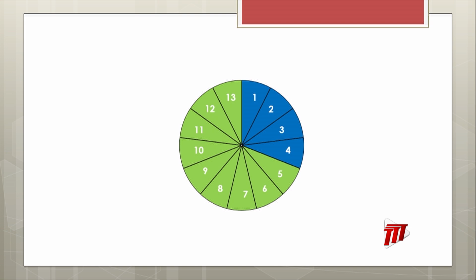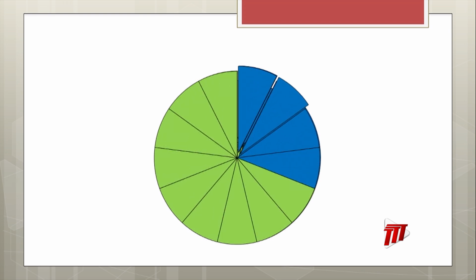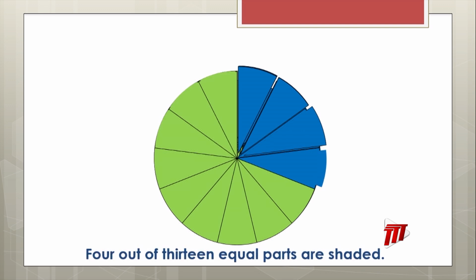How many slices was she left with? 1, 2, 3, 4. So that is 4 out of 13 equal parts. So that is 4/13ths.